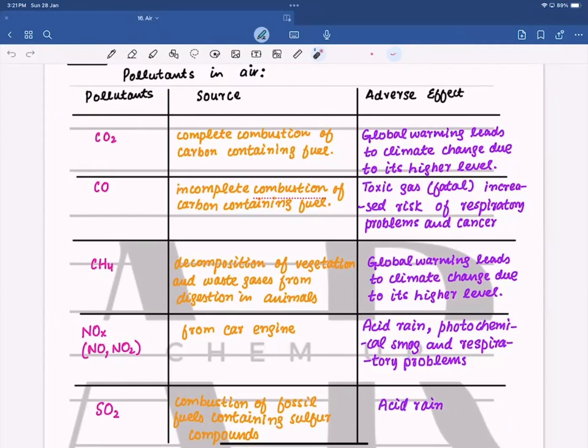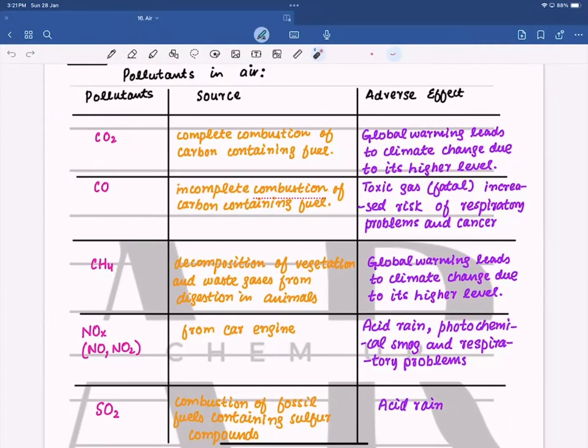Actually, carbon dioxide turns to be a pollutant when its level in our atmosphere exceeds a certain limit. If it stays under that limit, then it is not considered a pollutant. It's also a greenhouse gas which actually keeps our earth warm.